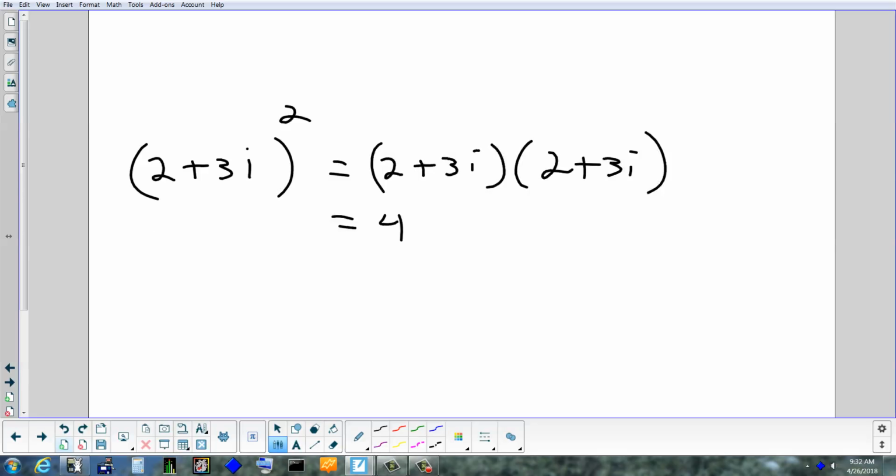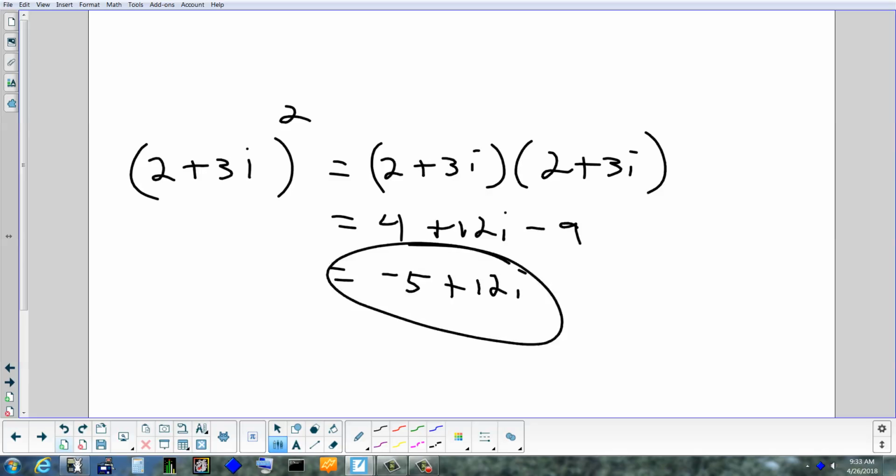So we get 4 plus 6i plus another 6i. And then I have 3i times 3i, which is 9i squared. What number is 9i squared? Negative 9. And I'm still not done. I have to combine like terms. 4 minus 9 gives me negative 5.